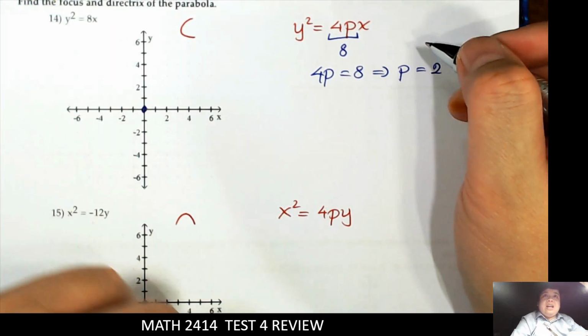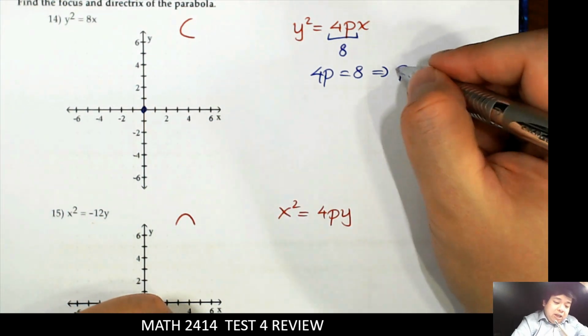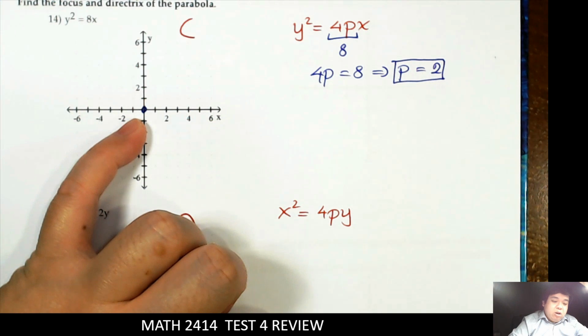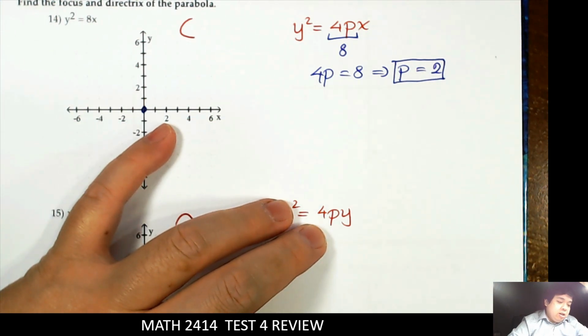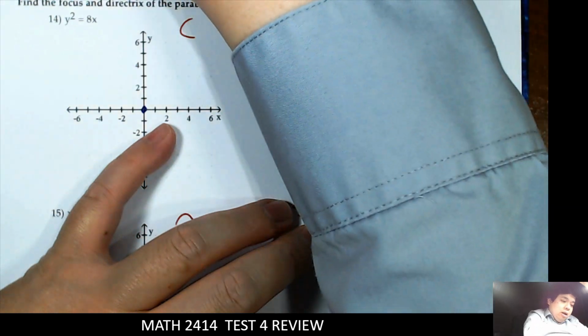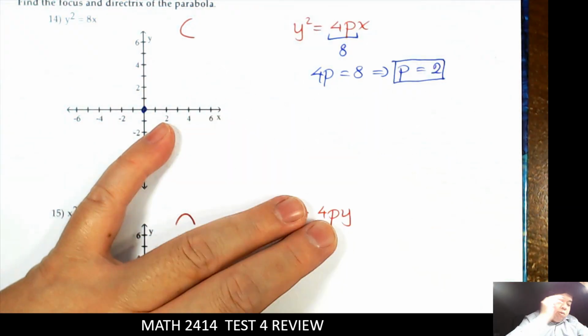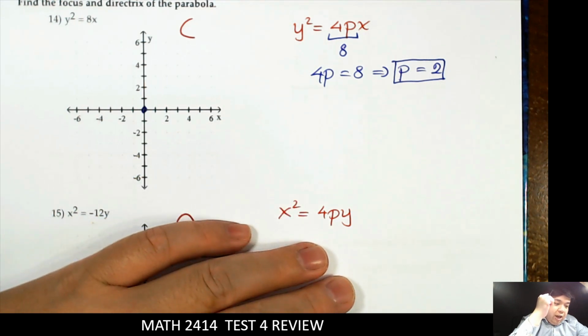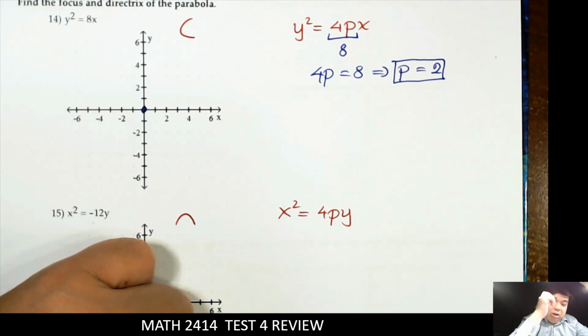So why do we need that? The p equal to 2 here is the distance from the focus to the vertex and from the vertex to the directrix.